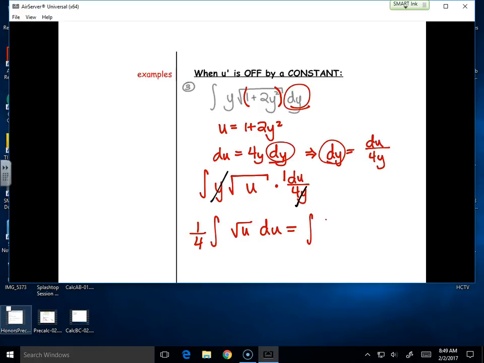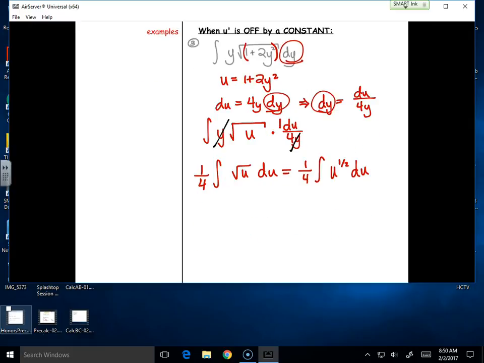Now we might still want to rewrite, right? But isn't it all nice and set up and ready to go? We have everything on the inside in terms of u. So we can just go for it. Nothing else is holding us back. Hopefully you guys are getting it right now. u to the 3/2 times the coefficient, and the 1/4 is still chilling.